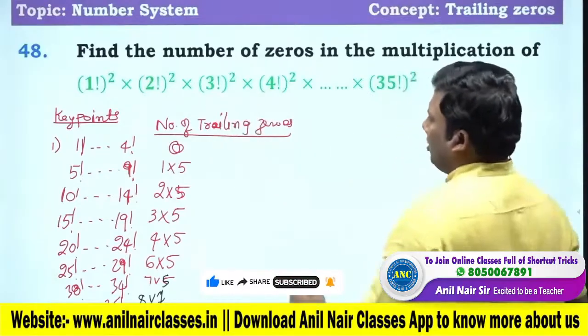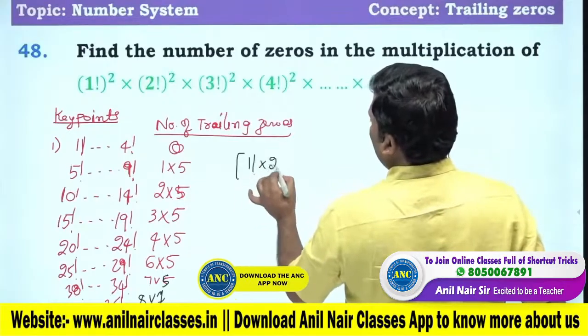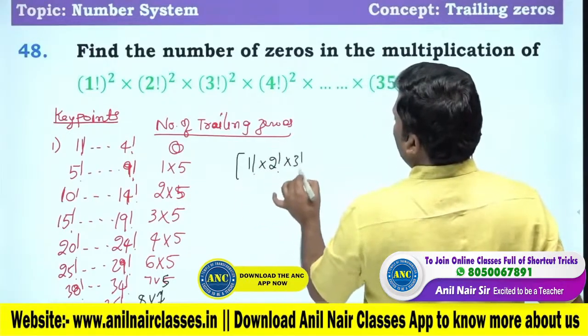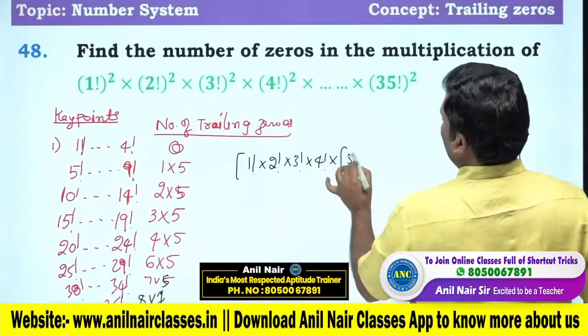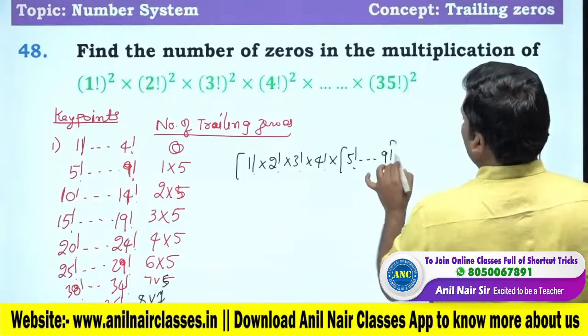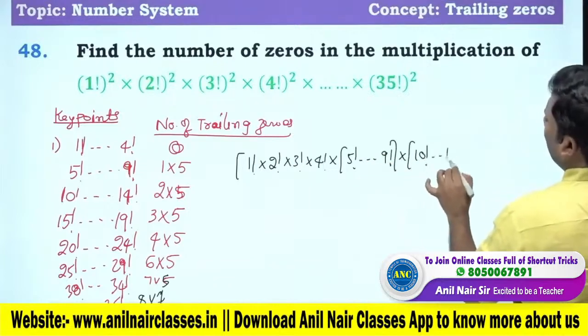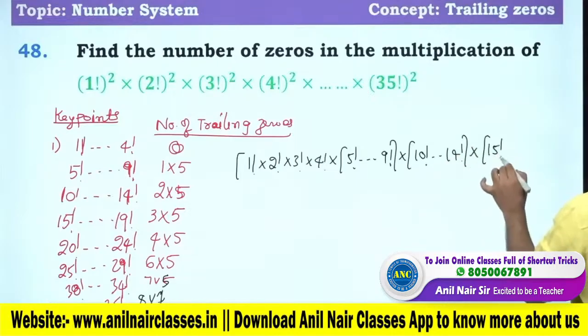Now the question is: 1 factorial into 2 factorial into 3 factorial into 4 factorial into 5 factorial till 9 factorial into 10 factorial till 14 factorial. I hope you are understanding why I am writing like this.